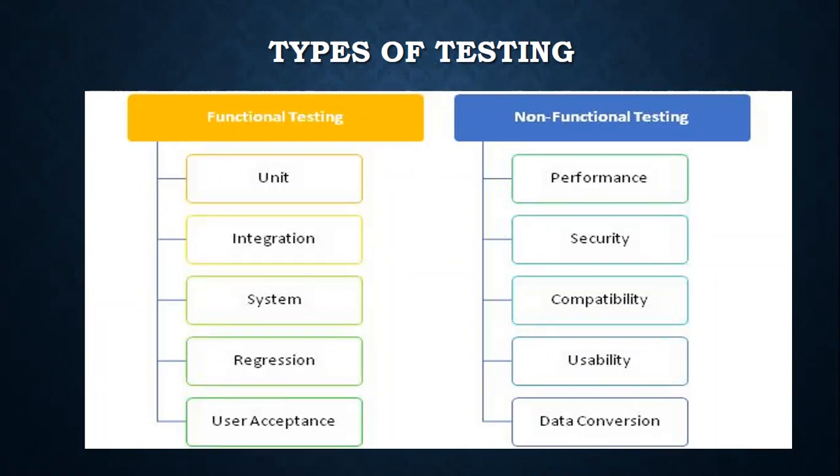In functional testing: unit, integration, system, regression, user acceptance. These all come under functional testing. Non-functional testing means performance testing, security, compatibility, usability, and data conversion. All these come under non-functional testing. So our performance testing comes under non-functional testing.